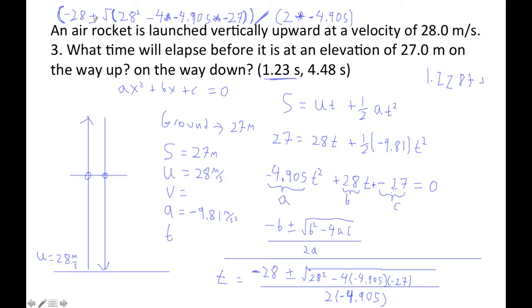When I do that, I get 4.47966. Whoa. This thing is really having a hard time. That's our second root. That's the time for on the way down, the 4.48 seconds. The 1.23 seconds is on the way up. So that's why we have 2 different times.